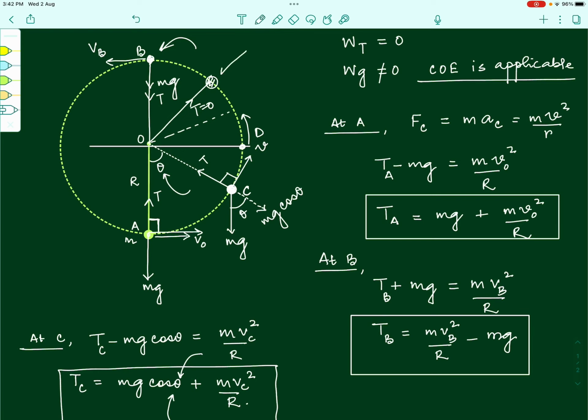So if the bob undergoes a state of 0 tension in the string, after that it will not move in the circle, it will move like a projectile and undergo a parabolic path, right?